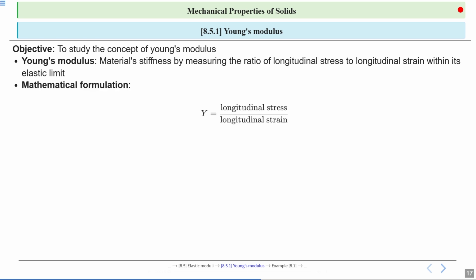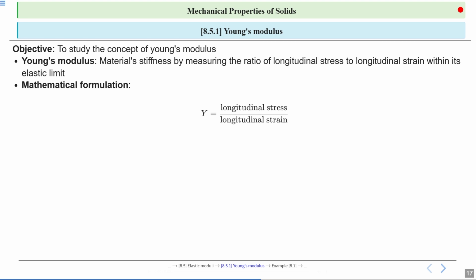Now, let's look at the mathematical formulation. Young's modulus, represented by the letter Y, is equal to longitudinal stress upon longitudinal strain. Here, stress is measured in newtons per square meter or pascals, and strain is a ratio, so it is unitless.